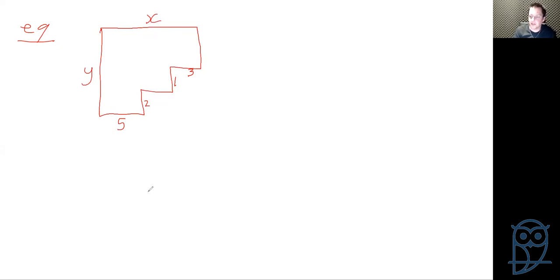How are we going to calculate our missing sides? We're going to calculate them in exactly the same way. We know that this whole thing is x, and that must be this side plus my unknown plus this side.